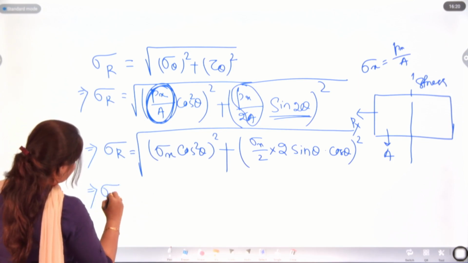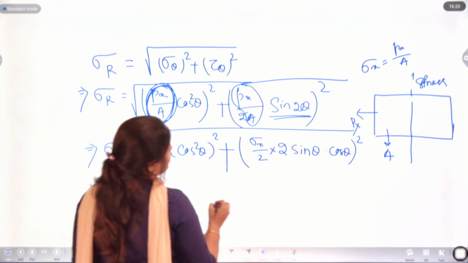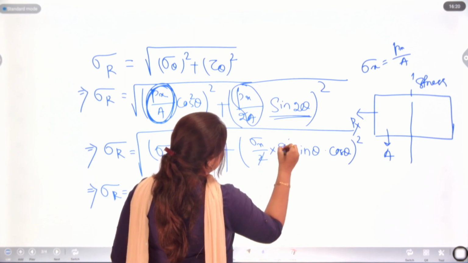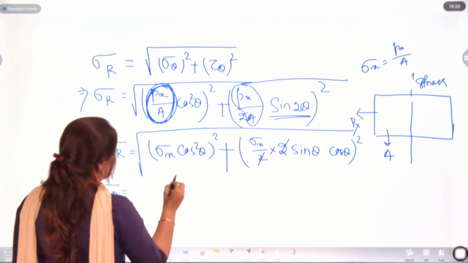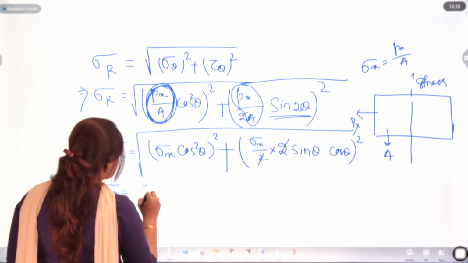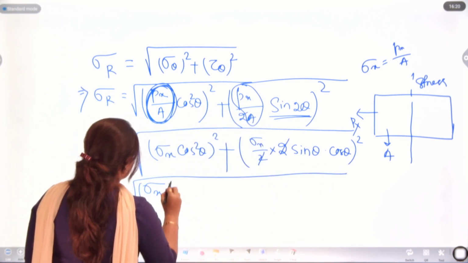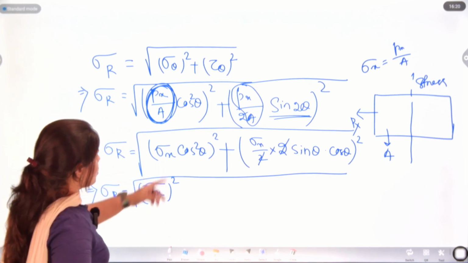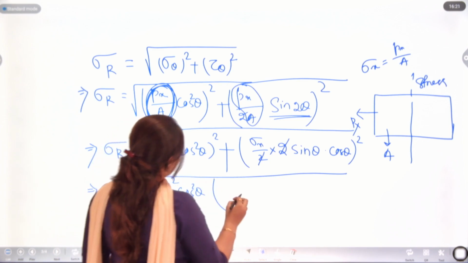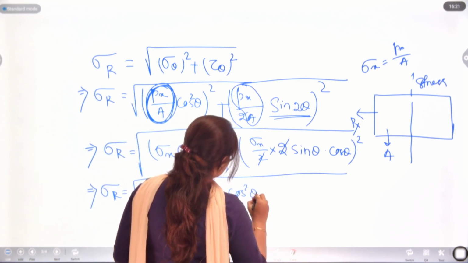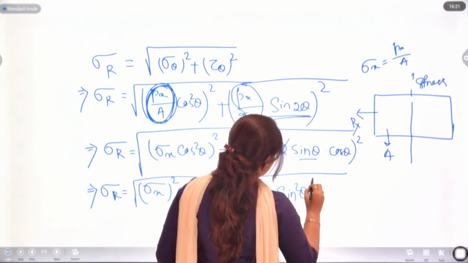So now sigma r will be, here we can cancel this 2 with this 2. We can take the common term sigma x square and cos square theta. Now we have cos square theta plus sin square theta.